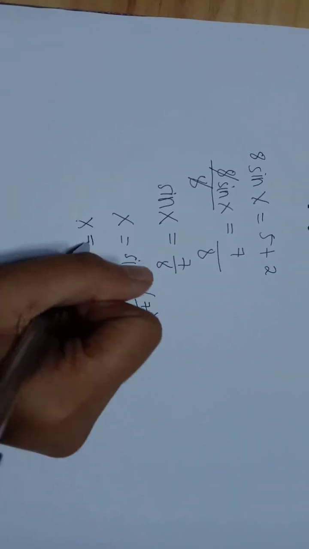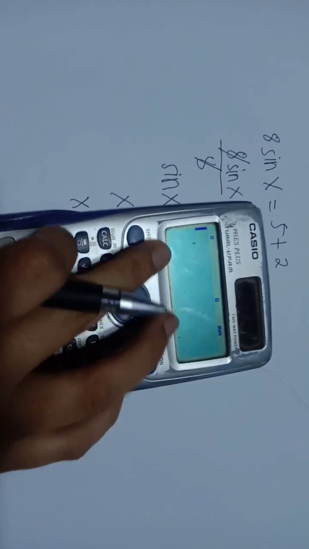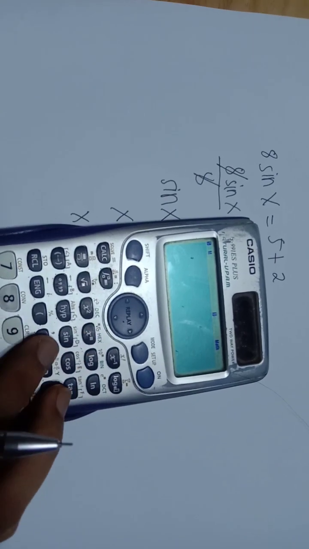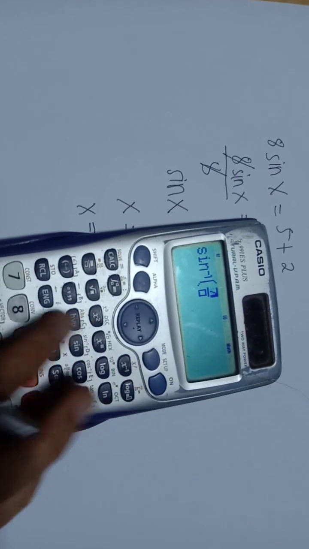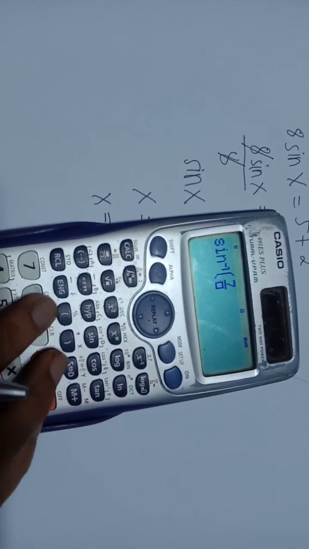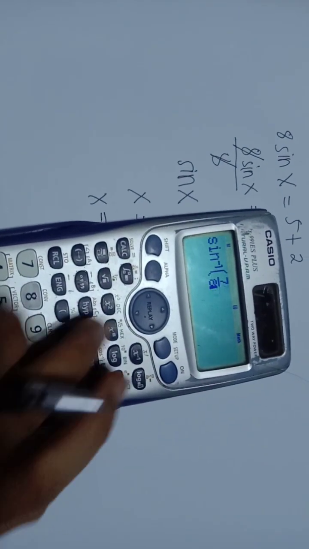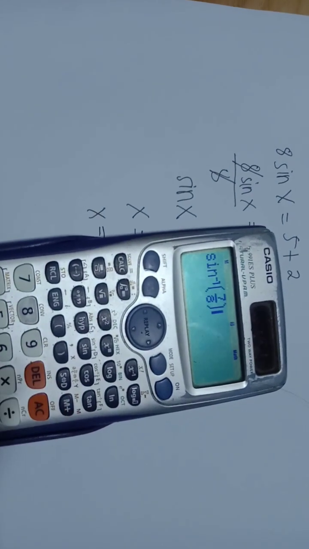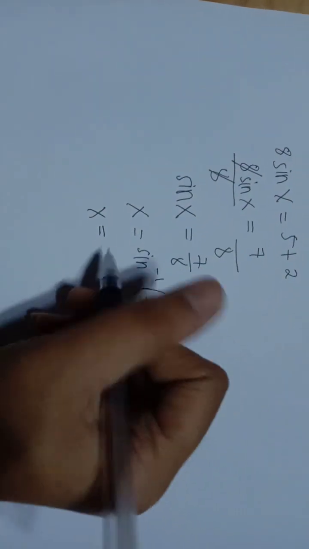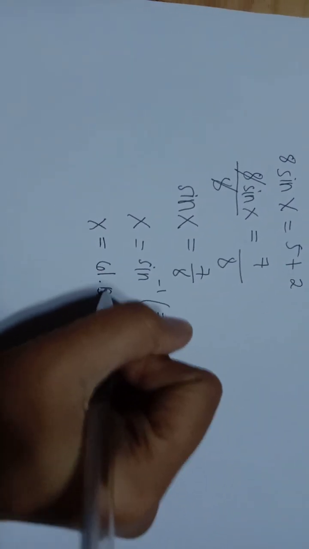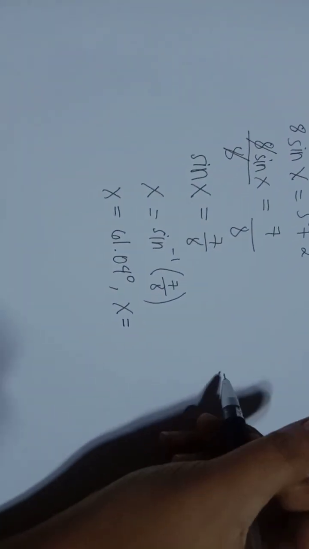Now to find the value of x, what will you do? Let's use a calculator. Just press shift, sine, then put the value 7 over 8, equals, and it is 61.04 degrees. And to find the other value of x, what will you do?